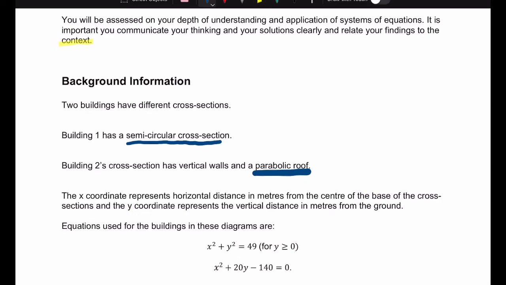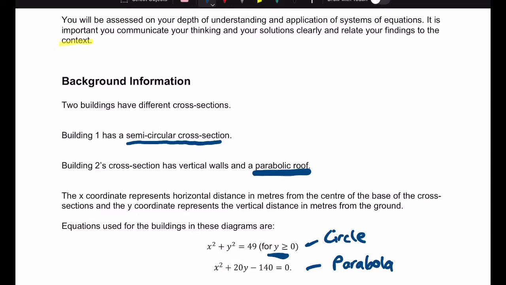As you can see, we have a formula for a circle and a parabola or a quadratic. A circle formula is probably the hardest because we haven't really seen it, but it's x squared plus y squared equals something. We don't need to know y greater or equal to 0. I don't think that's important.